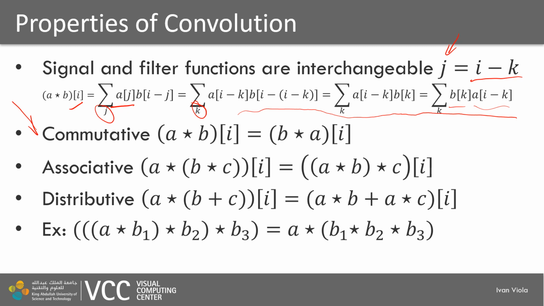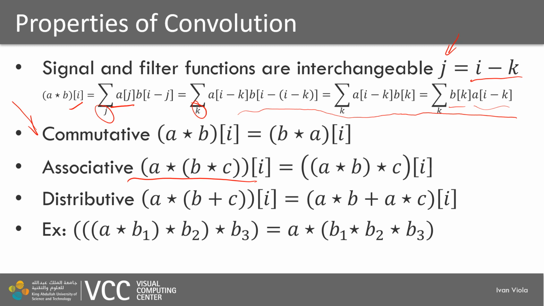This is great. And also, another great thing is that associativity of convolution can also be achieved, meaning that we can change the brackets, the order in which the convolution is performed.